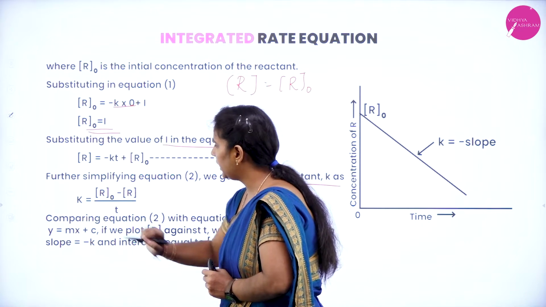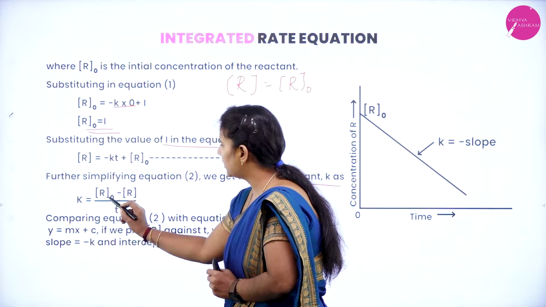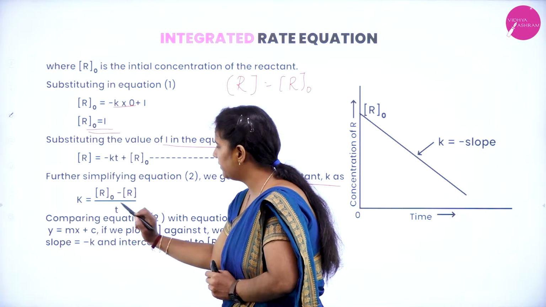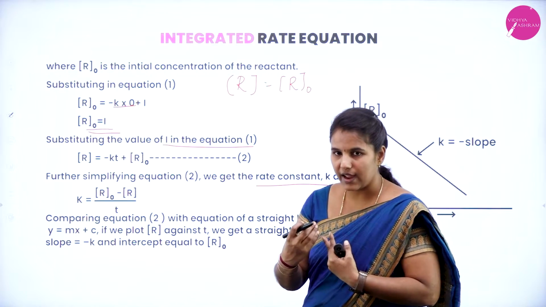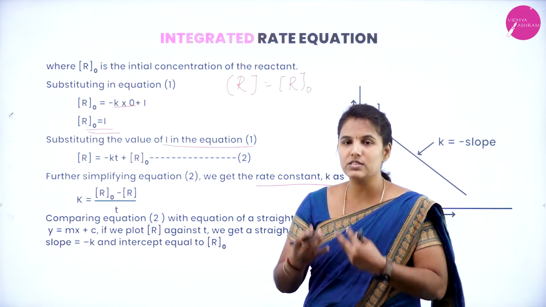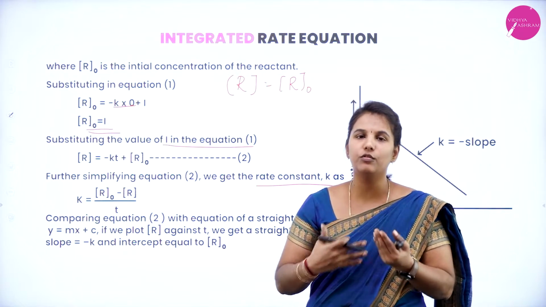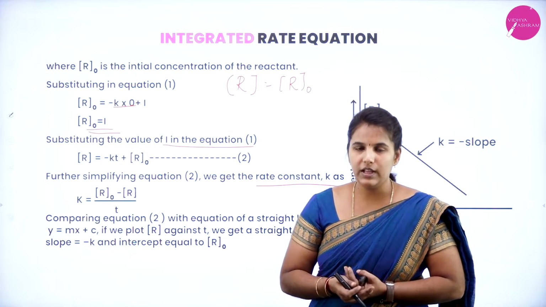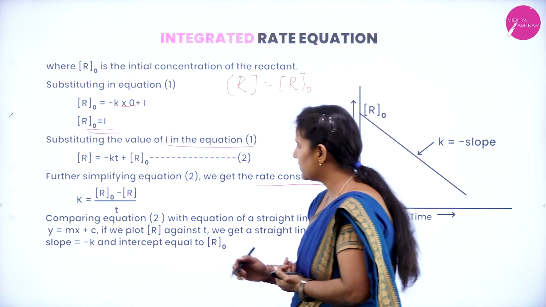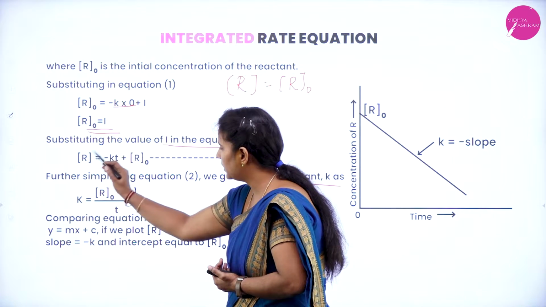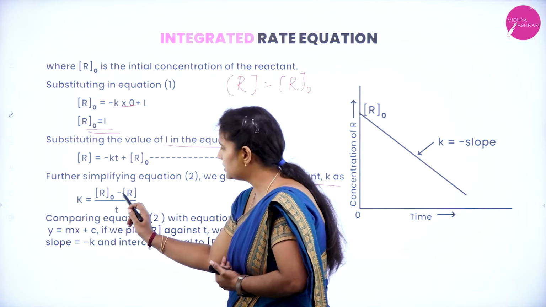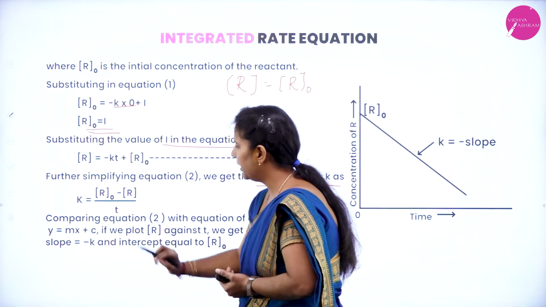Simply by further simplifying this equation, we will get the rate constant. I'll take out the K outside, so K equals R naught minus R divided by t. I'm just rearranging the equation in order to express it in terms of the rate constant. The R which comes outside will become minus R divided by t.